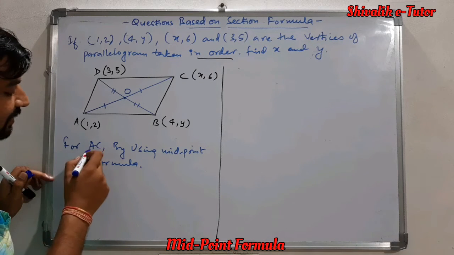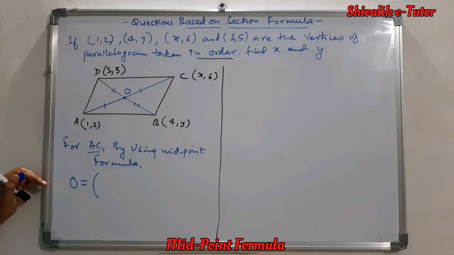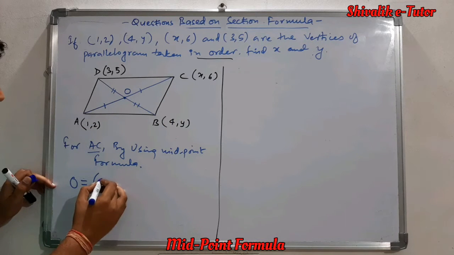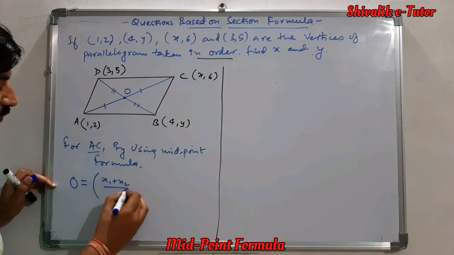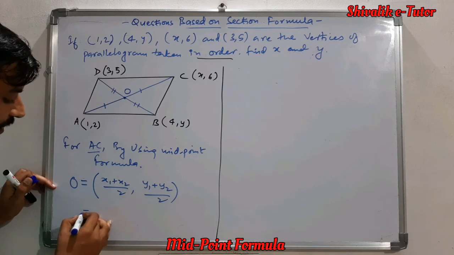We are using AC here, so this one will be x1, y1 and this one will be x2, y2. So it is (x1 plus x2) by 2 and (y1 plus y2) by 2. This is how we calculate.